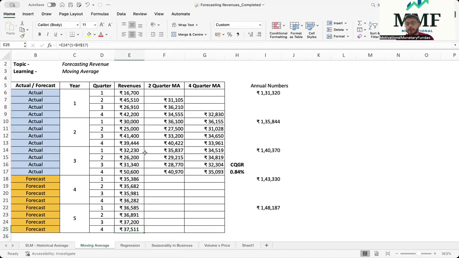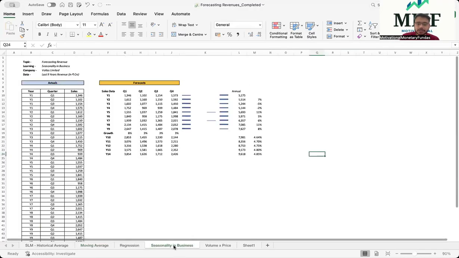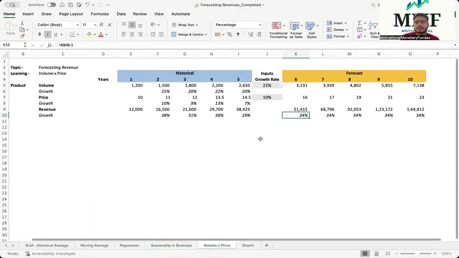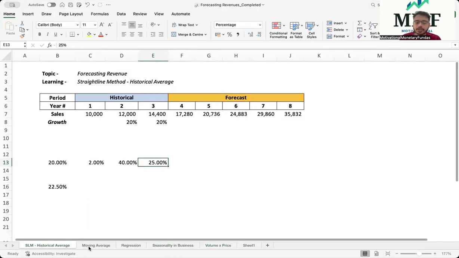Sometimes a researcher or an analyst who wants to spend more time goes deep dive into understanding these numbers by heart. So he has the year on year numbers, but he also tries to go deep down into understanding the quarterly numbers as well. Seasonality in business and volume and price is something which is very simple. It is more linked to these two methods only.